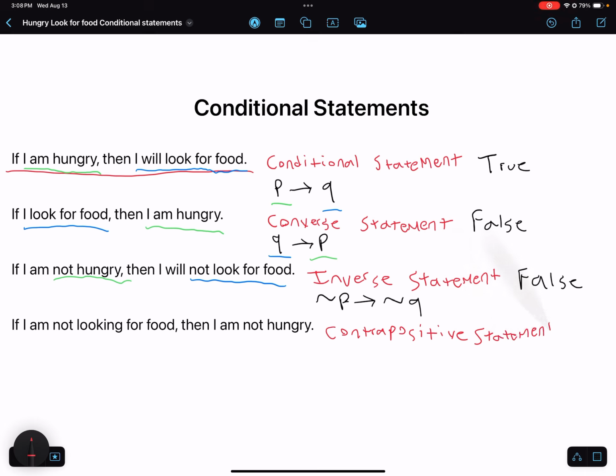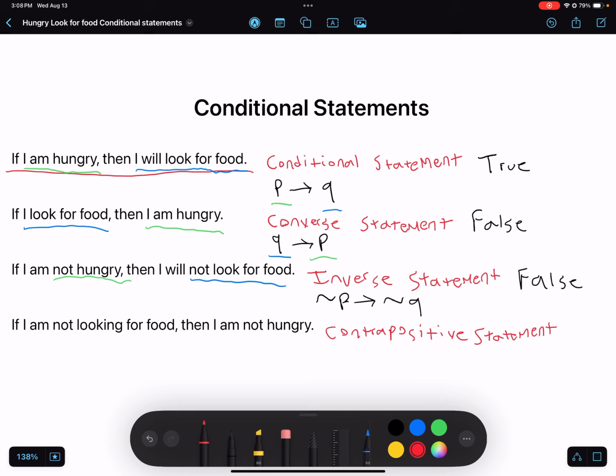So we can write this symbolically as not Q goes to not P. So we're using the same notation as we did for the inverse, but we're reversing it again. So it's a negated converse.